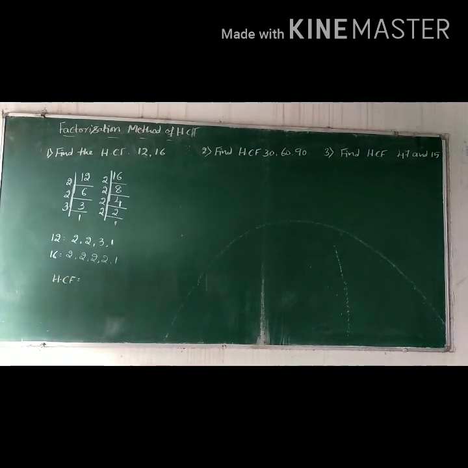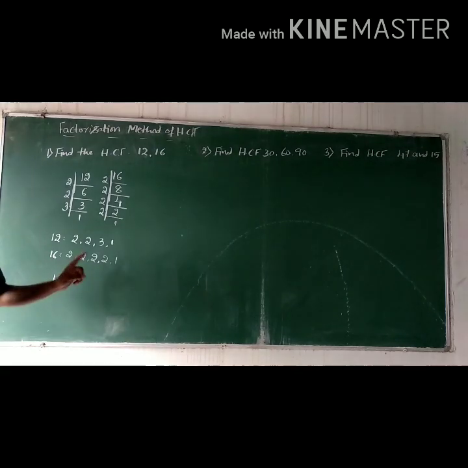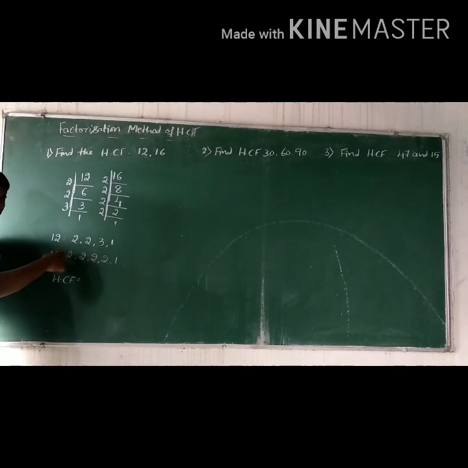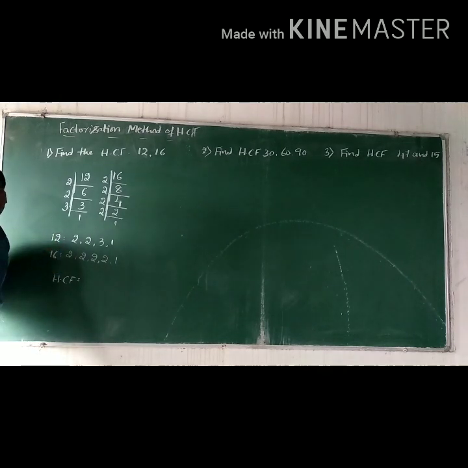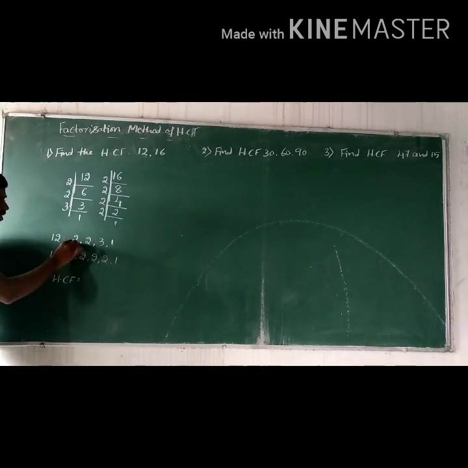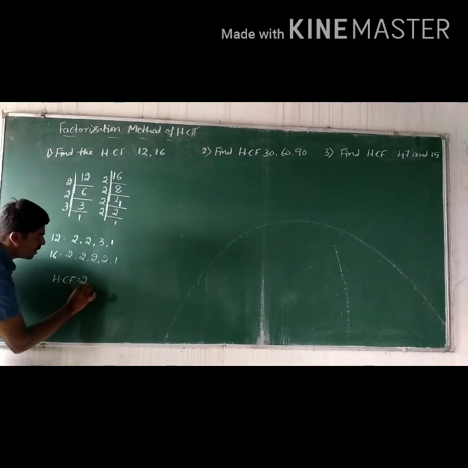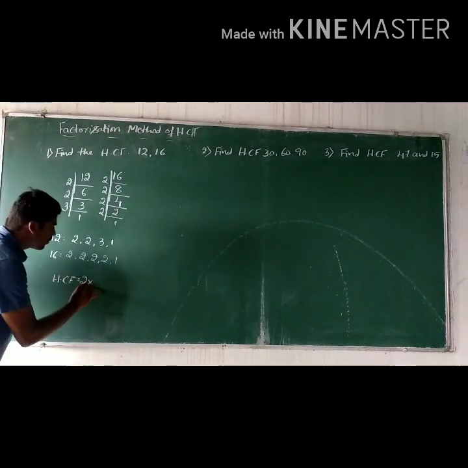In calculating the highest common factor, we take the repeated divided numbers, the common factors in both. The numbers we took for dividing should repeat here and also repeat here. Those numbers we have to take. Now 2 is repeated here, and here also.